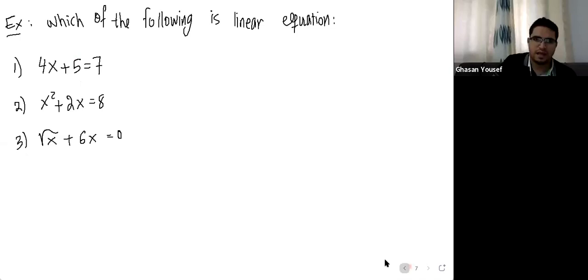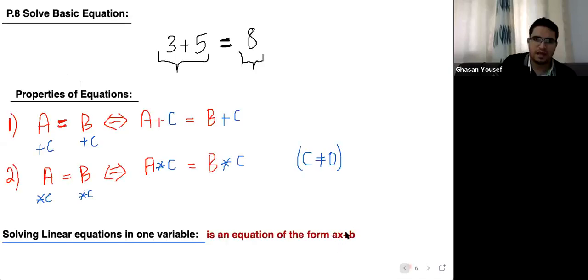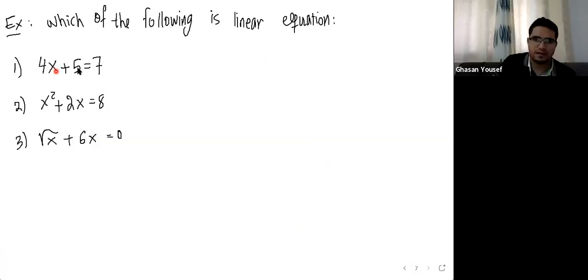And it's also in the form ax plus b. How do I get this? Because I have 4x plus 5. If I subtract 7 from both sides, I get 4x plus 5 minus 7, which is minus 2, equals 0. So I can get a linear equation. This is correct.